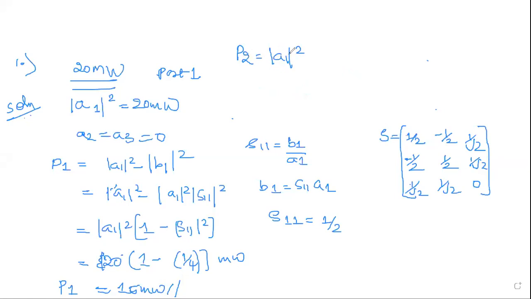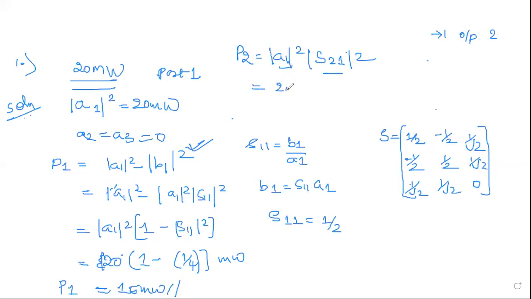So you multiply your A1 with the input given to port 1. Output should be coming out of port 2, which means the S parameter you have here is S21 squared. See, this is different. You will have port 1 incident and reflected both, whereas port 2 is match terminated, so you will have only S21 and A1.